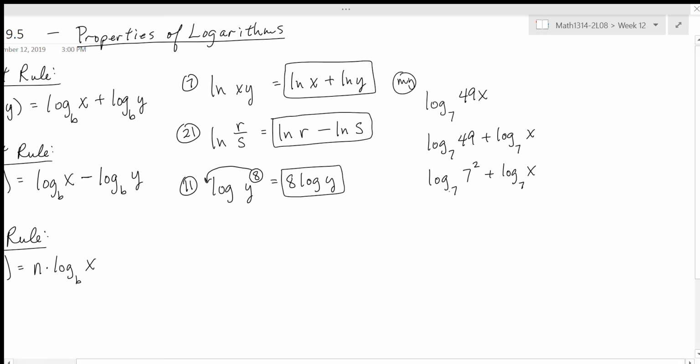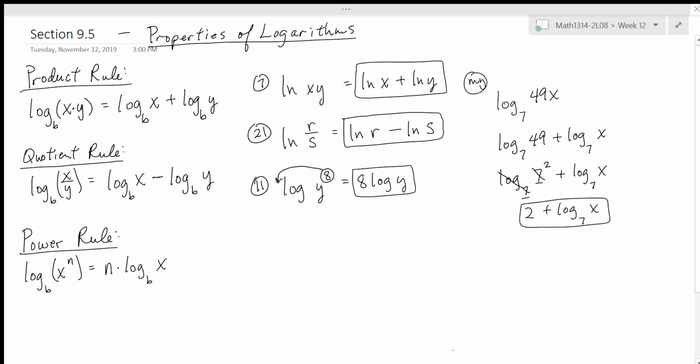And didn't we say if the bases match, they cancel? Right? Cancel, and that's where we get the 2 from. How was that? Was that good enough showing my work?